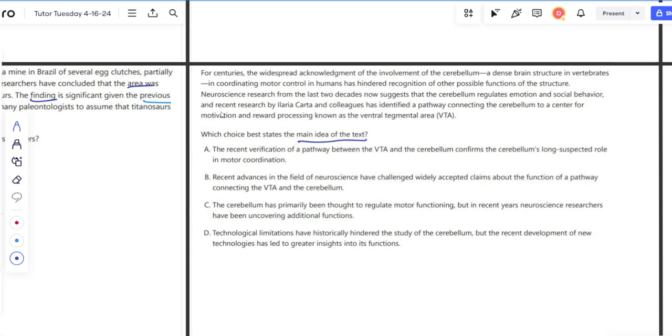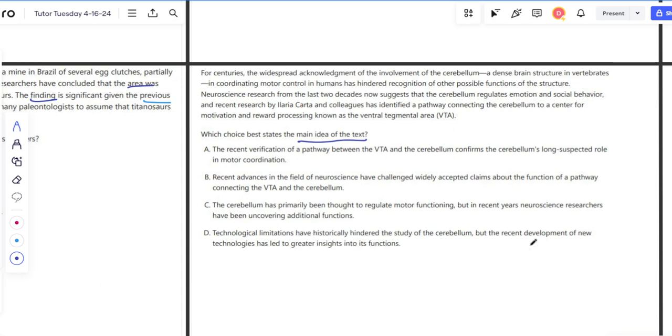Neuroscience research from the last two decades now suggests that the cerebellum regulates emotion and social behavior, and recent research by Ilaria Carta and colleagues has identified a pathway connecting the cerebellum to a center for motivation and reward processing known as the ventral tegmental area, VTA. I see an answer already.